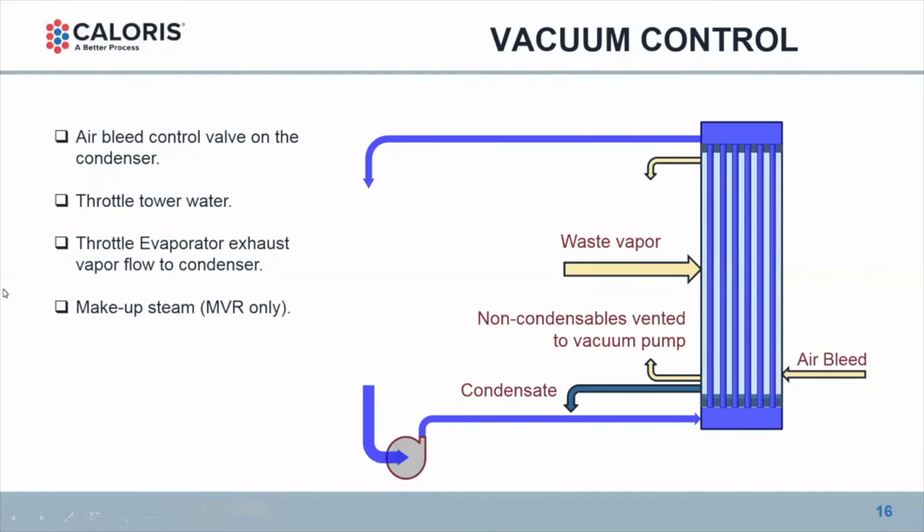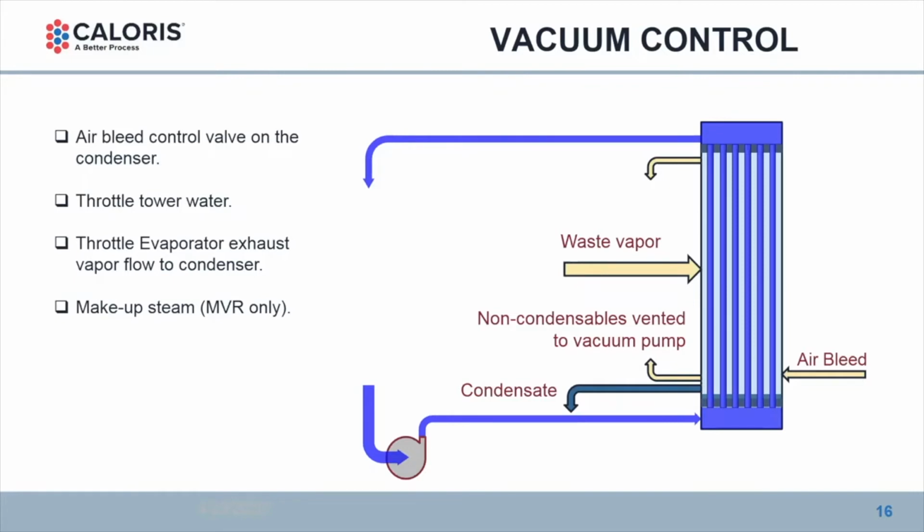So various methods that are used in our evaporator designs for vacuum control are air bleed control valves on the shell of the condenser. And this may seem somewhat counterintuitive, but it is a very effective way to control the temperature. The surface condenser is the tail end of the evaporator, the lowest temperature point.